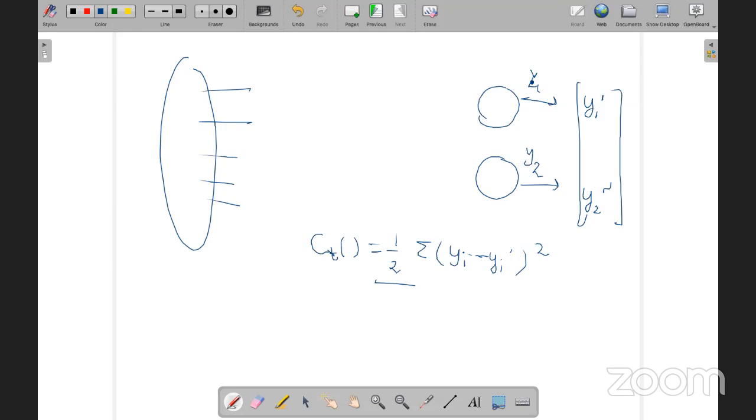So you take the derivative of this with respect to y1. There are two terms here, y1 minus y1 prime and y2 minus y2 prime. Of course, while calculating the derivative, you don't plug in the actual values of y1, y2.